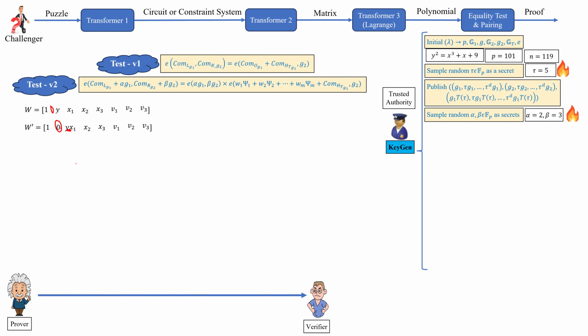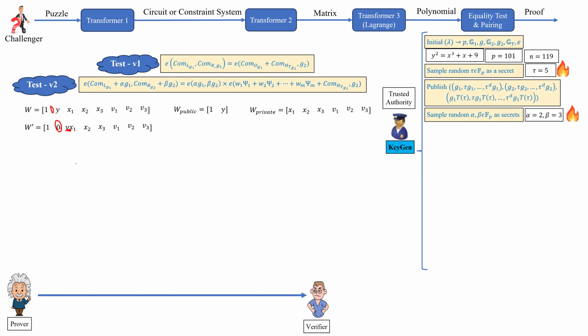The prover can share this secret with another malicious prover, and he can add an extra zero, pass test version 2, and claim that I know another secret for this circuit. Now we want to address this issue.